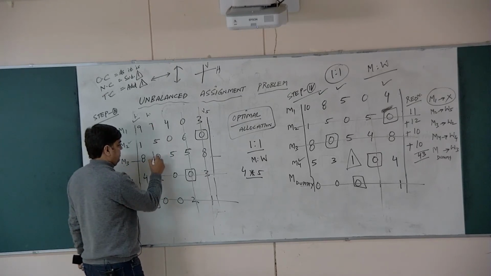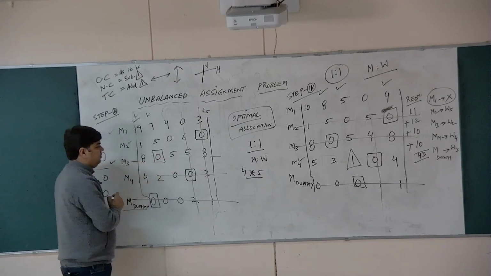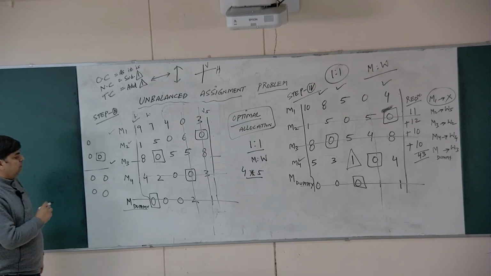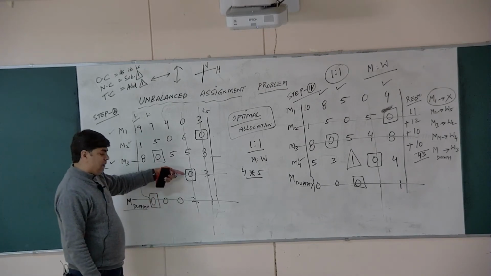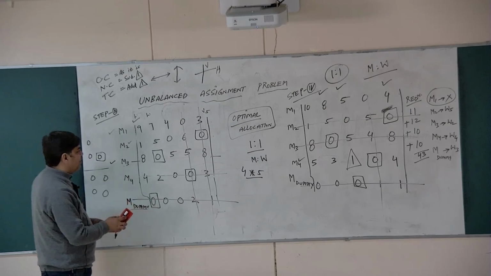So again, it means it still requires further iteration. Or can we do this way, that instead of blocking these two, if I block it horizontally, so I will reproduce the same matrix again.